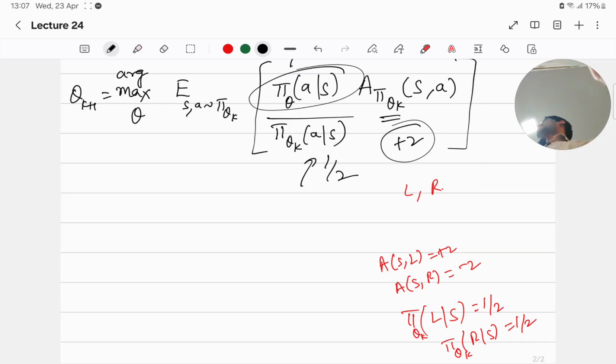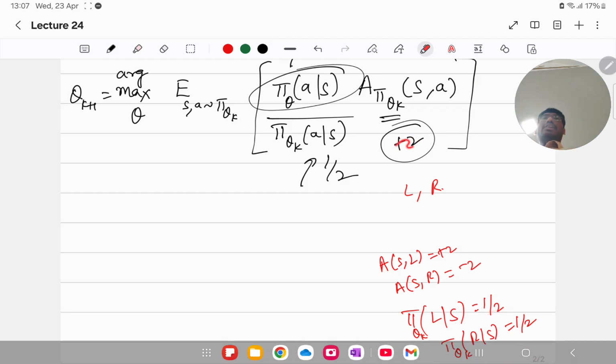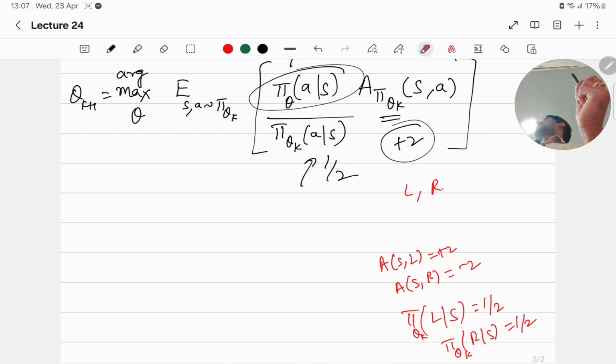When will this get maximized? You make it 1. And what about R? Here you have -2 for R, and this is half. The only running variable you have is theta. When will this product get maximized? 0. You make it 0.